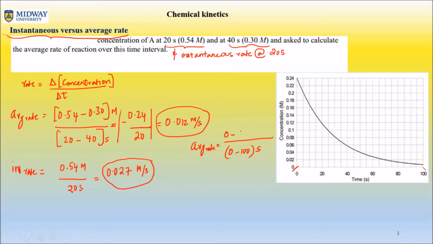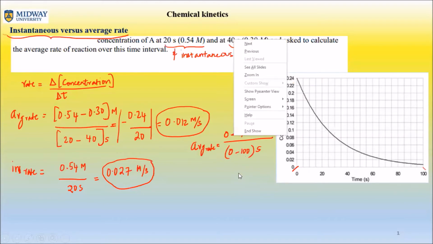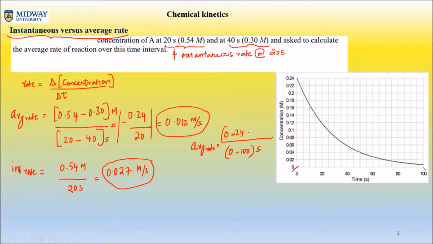sorry, at 0, it's 0.25, 0.24, I'm sorry. I'm terribly sorry. At 0, the concentration is 0.24. I need to go to maybe 6th grade to learn to read my graphs. Minus, at 100 seconds, you can say it's about 0.01 because it's half of it. So you don't need to be too accurate, because people that offer these exams have answer choices that are further apart.